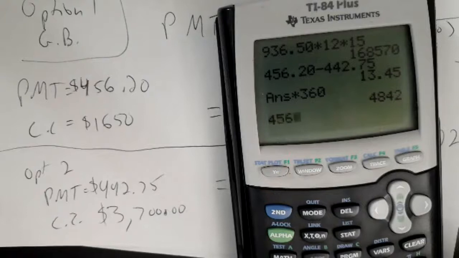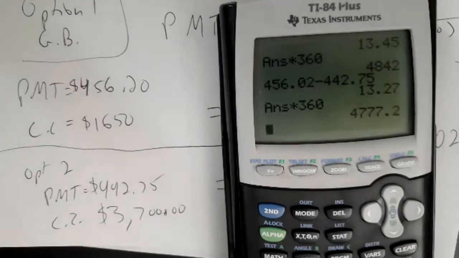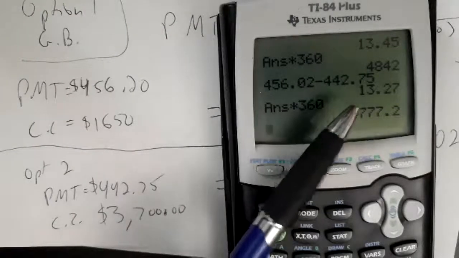Oh, my 456 is the wrong number. 456.02, sorry. 456.02 minus 442.75. We should be getting a difference of 13.27. If this is how much more one payment is going to be, we're going to end up saving that much. So by taking the cheaper payment, we're going to be saving about $4,000.